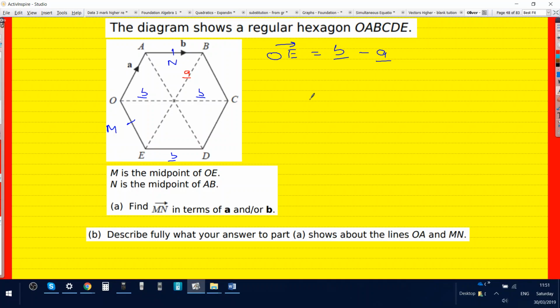And M to E will be half of that, so it'll be half B minus half A. And then A to N would just be half of A to B, which is just half B. Mm-hmm.